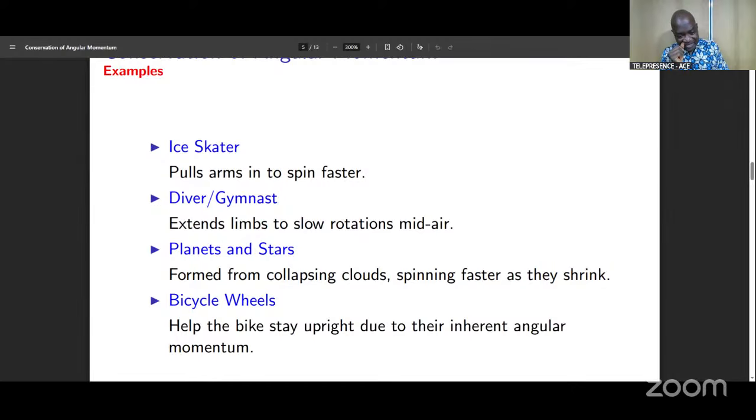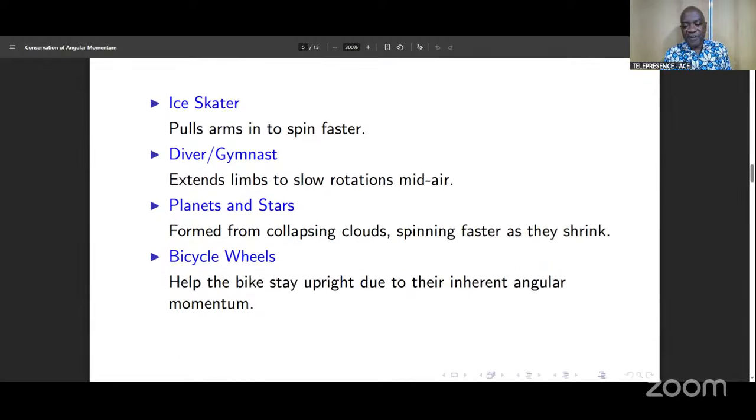And our planets and stars too, which are formed from collapsing clouds, okay, spin faster as they shrink because when omega is big, the moment of inertia will reduce, okay?